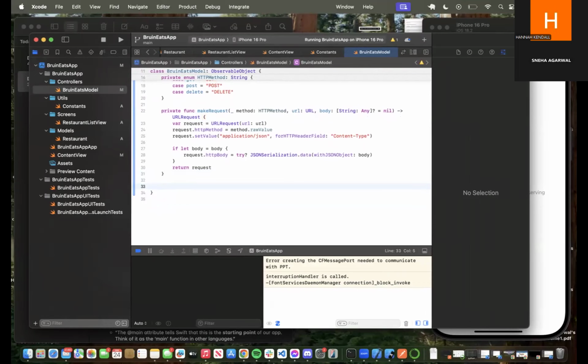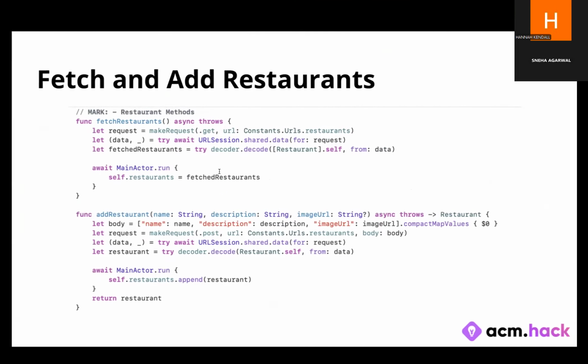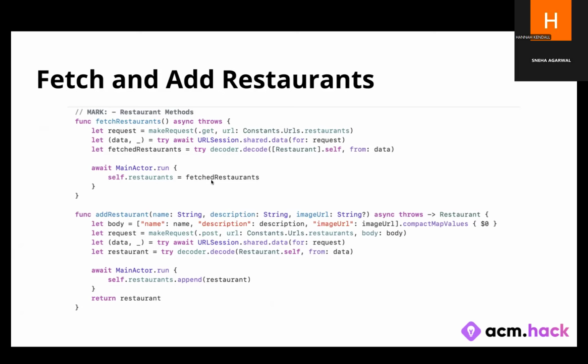Going back, I'm just going to define these. Maybe for the sake of time, I'm just going to copy paste this code in. But basically, I'll go over it once more. We're making our requests for the specific function that we want to perform, and then decoding it, and then having it be an async function, so the rest of our app can still keep on going while this request is being processed.